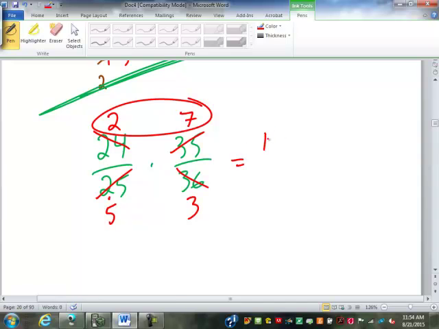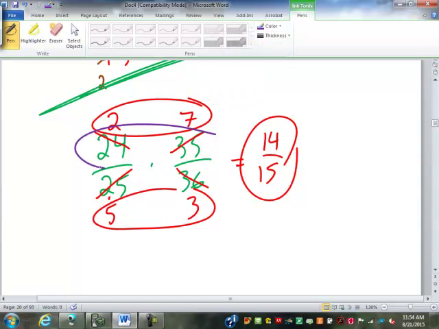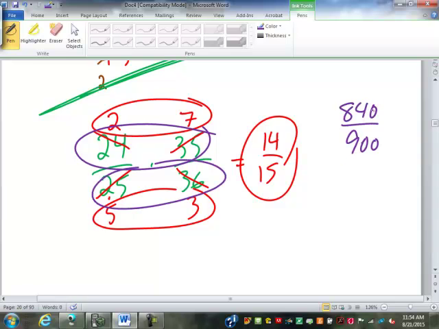So 2 times 7 is 14. 5 times 3 is 15. 14 15ths. I mean, we could have gone ahead and multiplied out. 24 times 35 is 840. 25 times 36 is 900. And we could have gone ahead and reduced those. We could see that those can both be divided by 60. But that's more work than we want. It's easier to reduce it before we multiply.